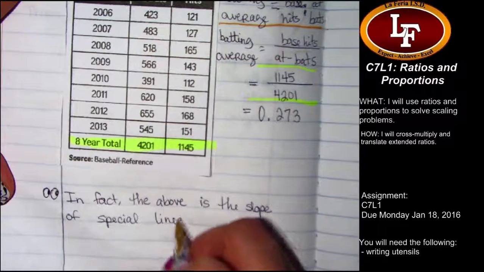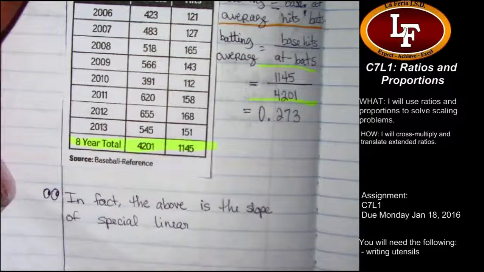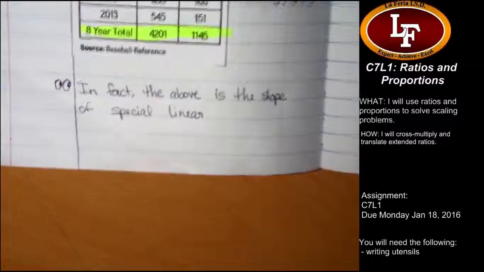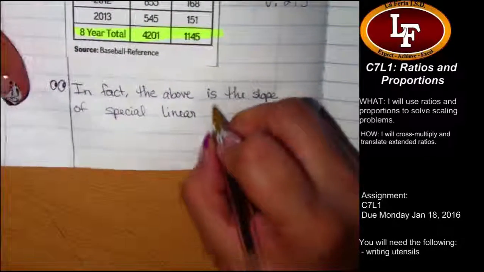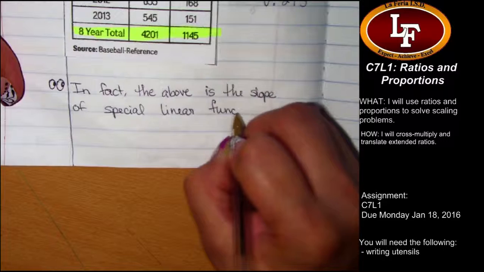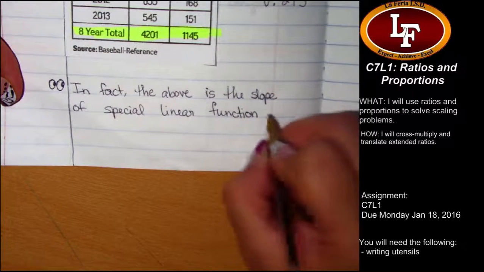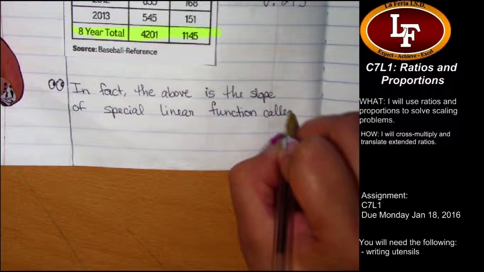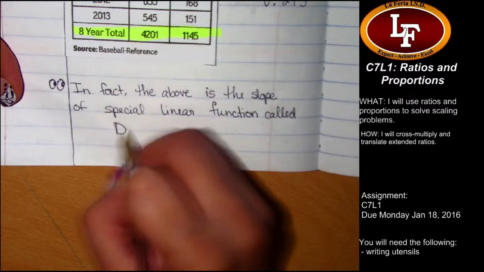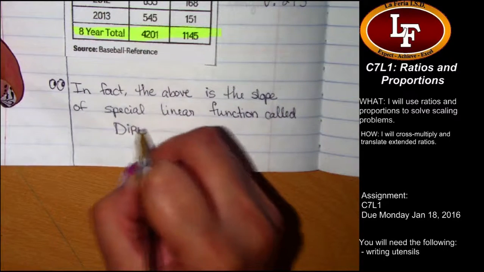Please remember that a function is some sort of equation that relates an x coordinate to a y coordinate on a graph, and that when you draw the picture of that relationship, linear means that it becomes a straight line. And this special linear function is called a direct variation.